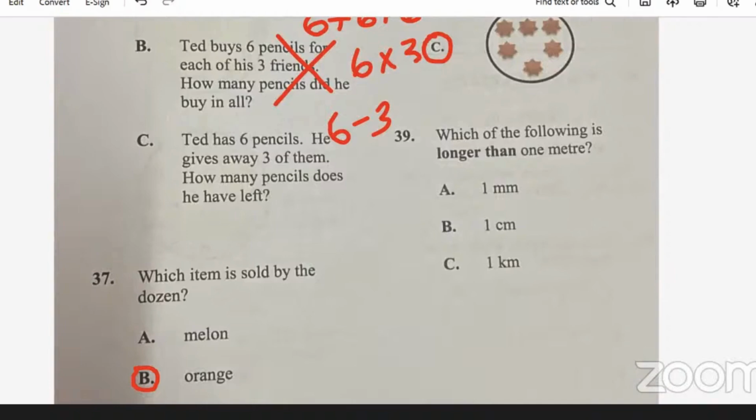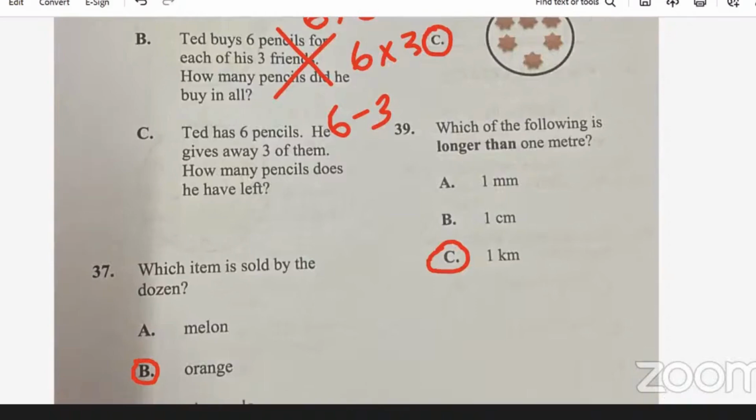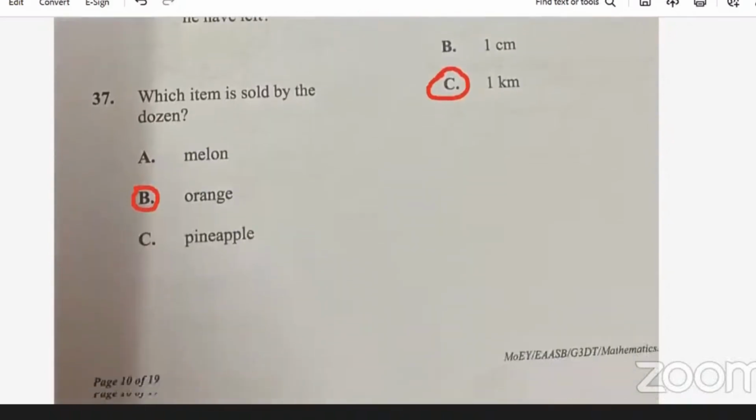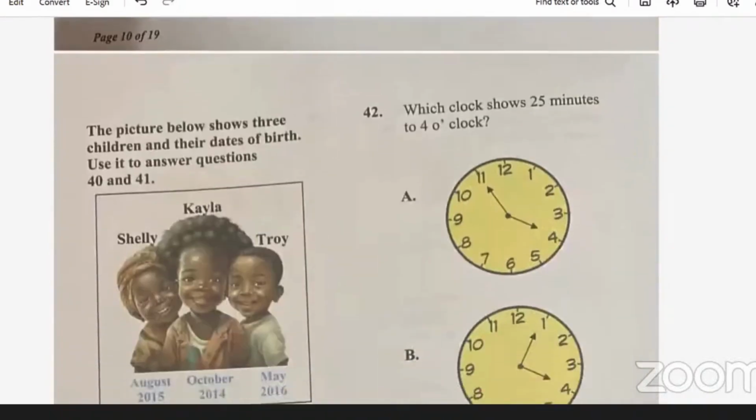It covers a lot more, a longer length, because usually that measures the distance that we travel in terms of car and all of that. We can use meter to perhaps measure a room and so on, but a kilometer is way more. We use that to measure longer distances. So the answer would be C, right? That one is larger than a meter. And of course, if you know your metric table, then that answer would have been pretty easy.